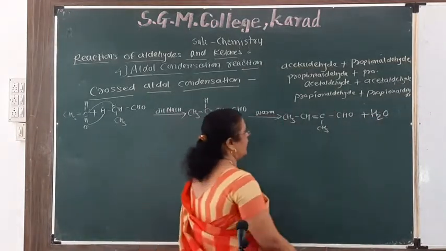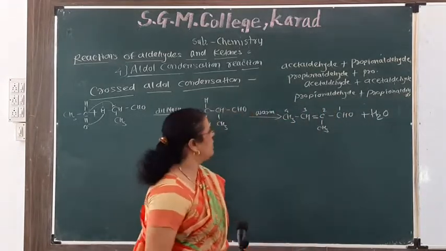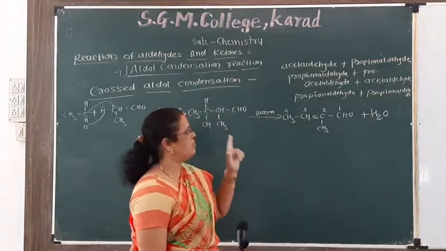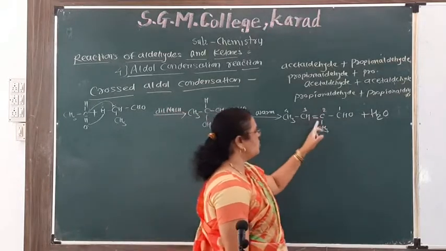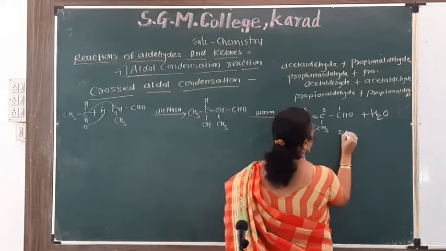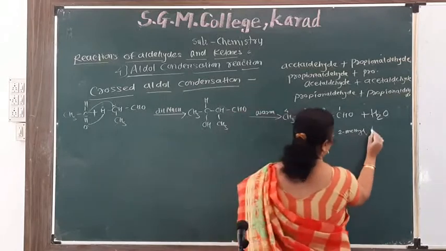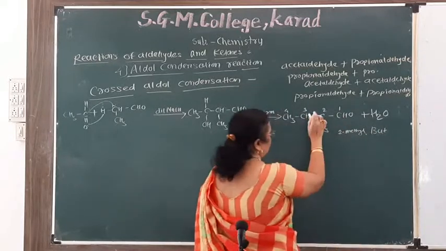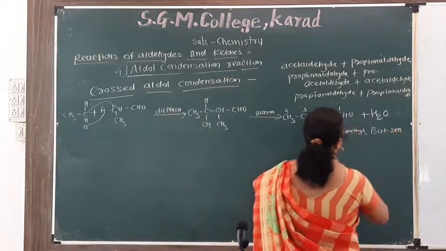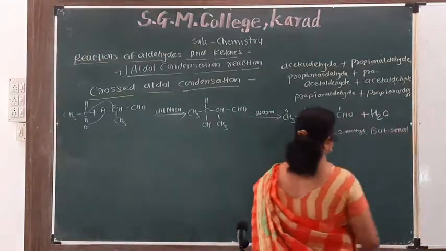This compound is known as, numbering 1, 2, 3, 4, a derivative of butane, but here a double bond is present, therefore 'ane' is replaced by 'ene'. In the second position, a methyl group is attached. Therefore, the name of this compound is 2-methylbut-2-enal, since this is an aldehyde.